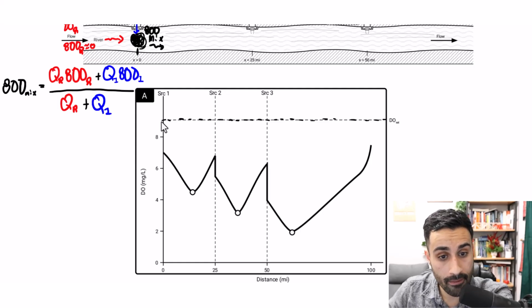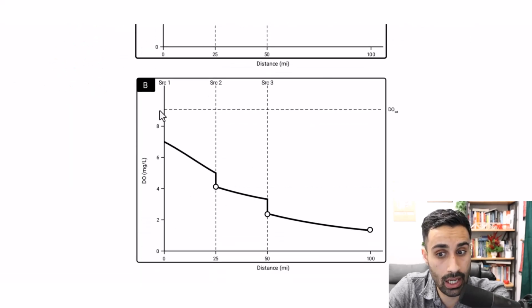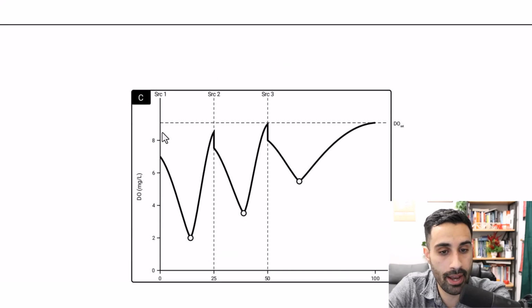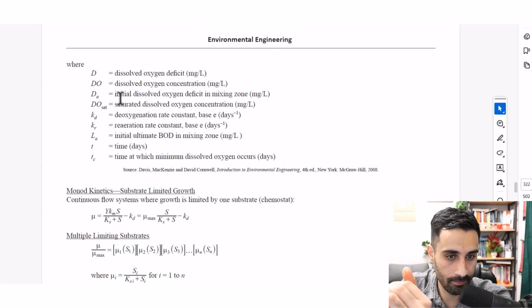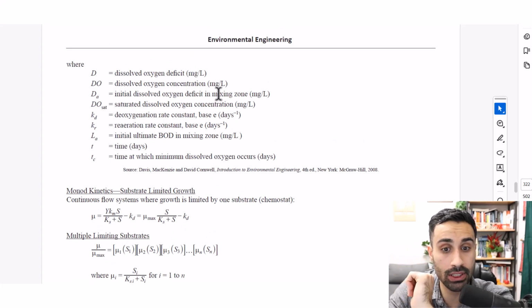So we have at the beginning an initial deficit. In fact, all of these graphs have that. The initial deficit is going to be this. And that's actually our dA value in the formula, the initial dissolved oxygen deficit in the mixing zone at the very beginning.